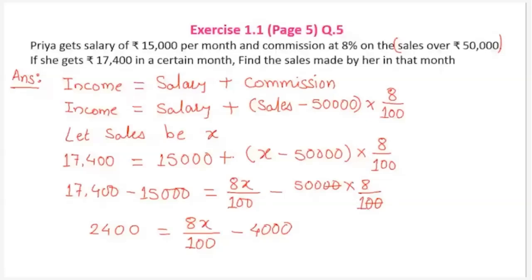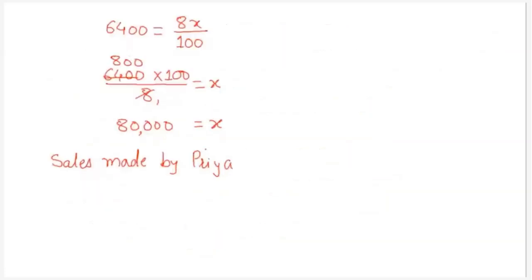Okay. So sales made by Priya is, don't forget to write this rupees sign. Rupees 80,000 in that month, or you can just say 80,000 will do.